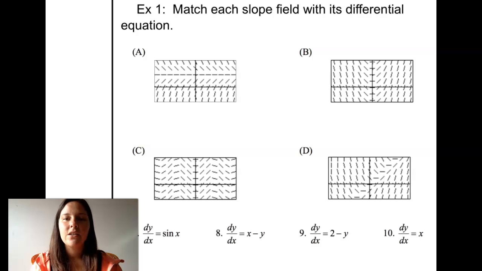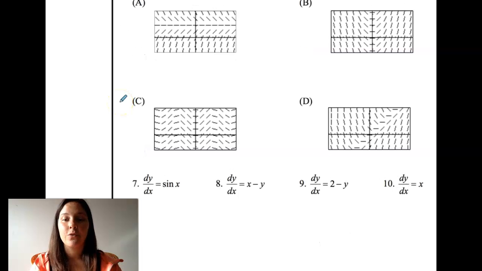All right, so starting off, we've got 4 slope fields and 4 derivatives, or 4 differential equations. What I noticed with that first one, we've got sine of x. Now I know that the sine function is a wave. So I'm looking at these 4 slope fields, and the only one that is a wave, like the sine function, is C. Now I could also take some points and sub them in and find the slope at those points to make sure they match.